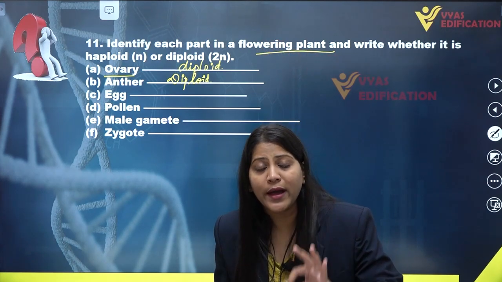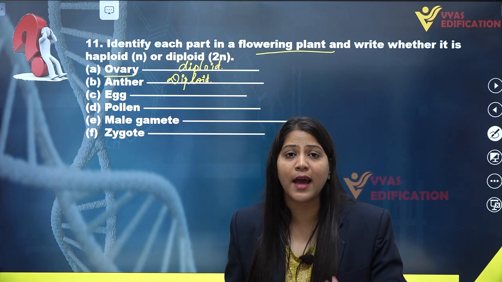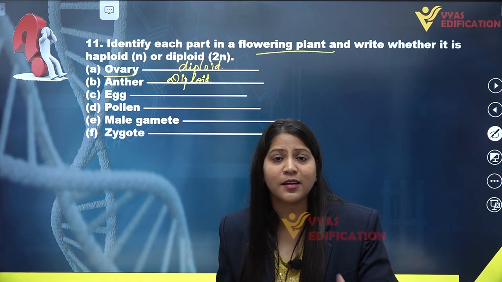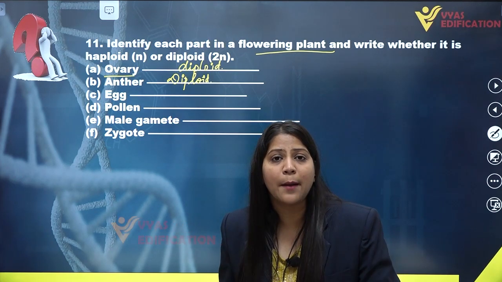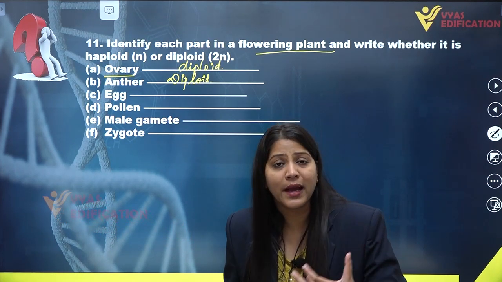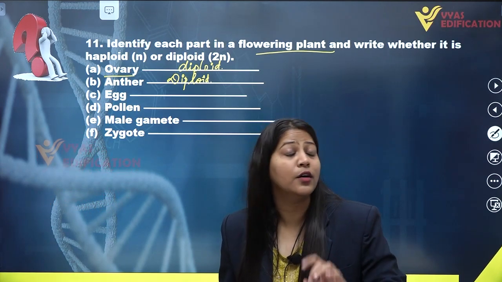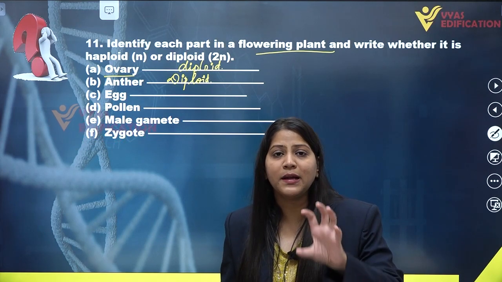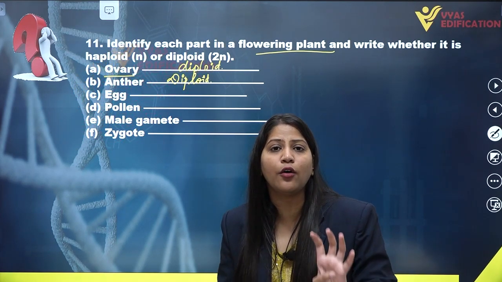So when we form gametes such as egg or ovum and sperm cells in case of male humans, when plants also make gametes such as egg and male gametes, they form gametes in haploid form. That means the gametes we are going to produce contain only half a set of chromosomes.